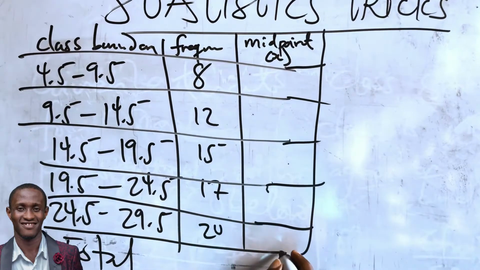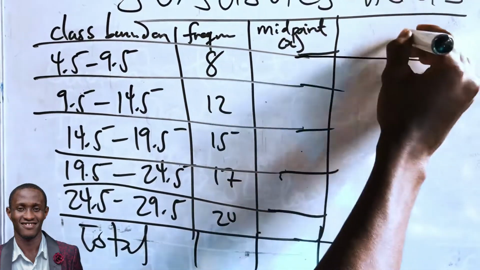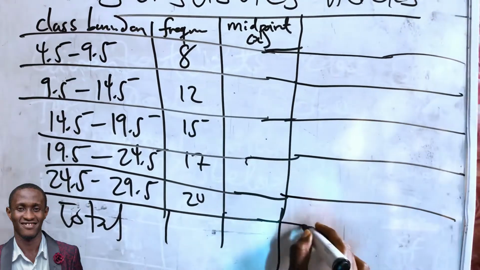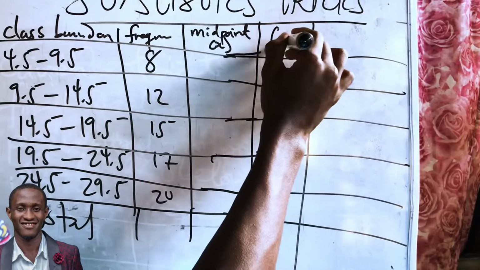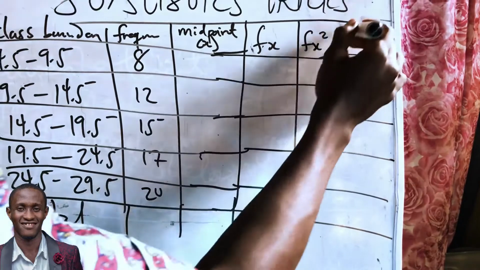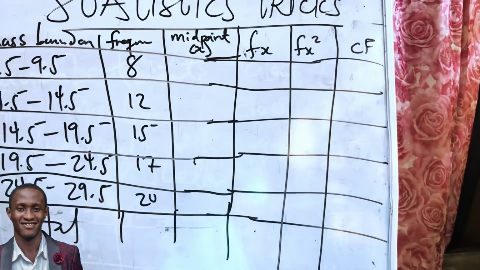But I don't want us to fill that now. I want us to just create the columns, so we know what we are going to need. We need f times x, we need f times x squared, and we are going to need the cumulative frequency.